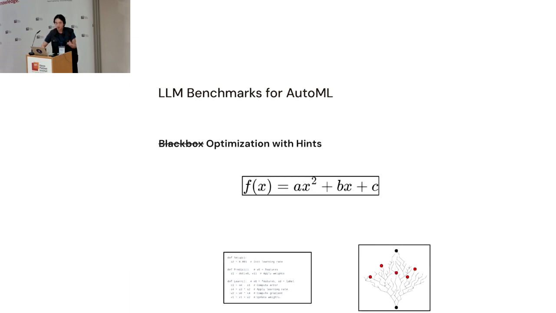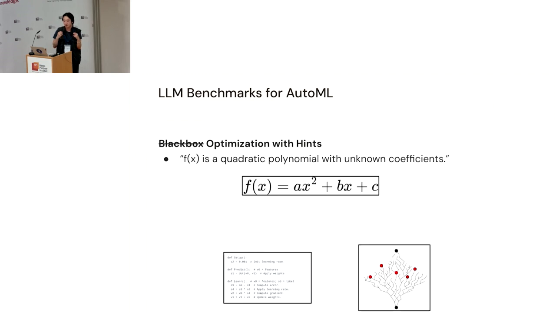I think we can also create new benchmarks for AutoML, where instead of just black box optimization, it's a lot more gray box now, where if you're trying to optimize a function, maybe you can also provide the hint for that function.